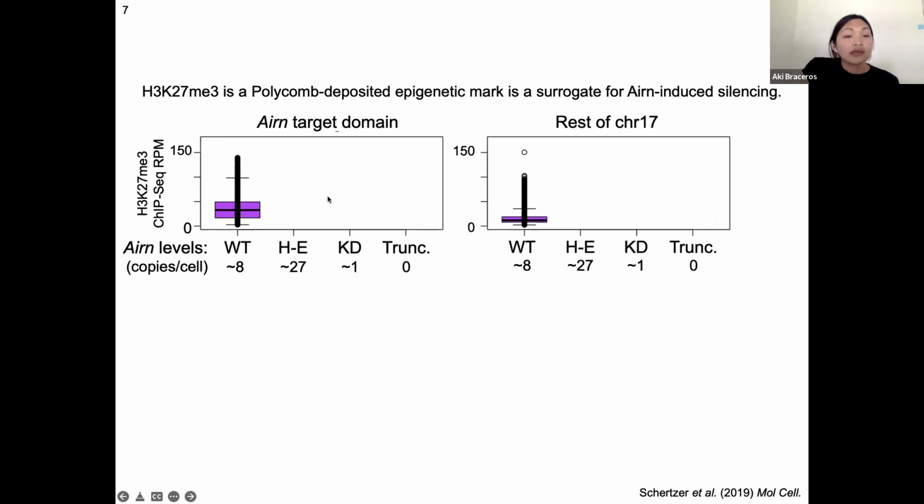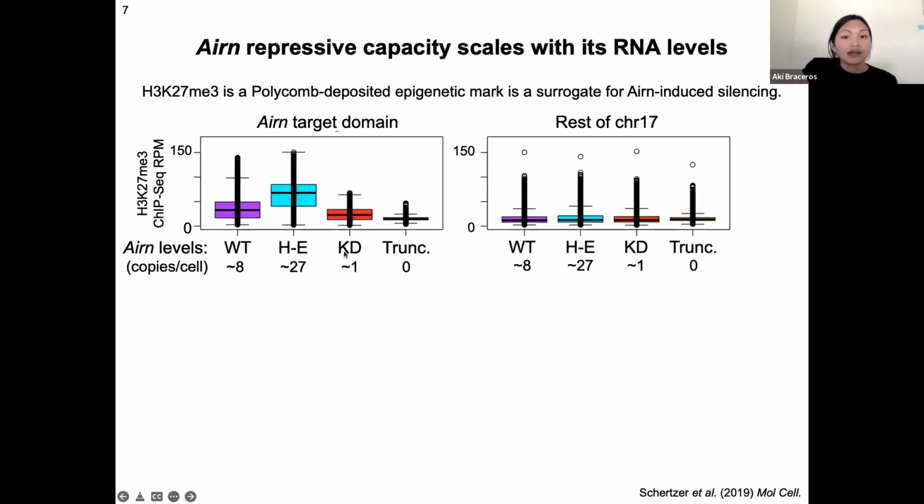Thus, we were able to generate Airn highly expressing cells, Airn repressed or knockdown cells, as well as Airn truncation cells that phenocopy a knockout. Then we measured Airn silencing in these cells in parallel to a wild type cell line. We saw that the Airn repressive capacity actually scales with its RNA levels, and importantly, this silencing is specific to the Airn target domain. These data support a functional role for the non-coding RNA in silencing.